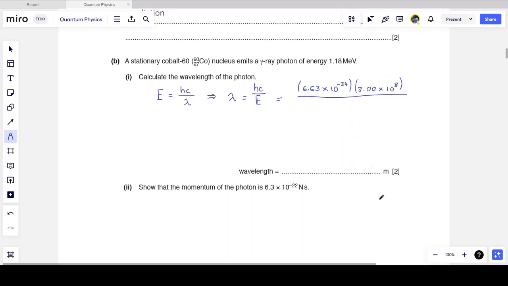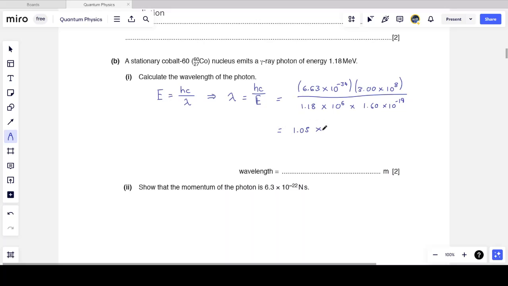Now the wavelength I want in SI units, meters, so I have to convert the energy from mega electron volts to joules. So I multiply by 10 to the power 6, and then to get rid of the electron volts, I multiply this by 1.6 times 10 to the minus 19.